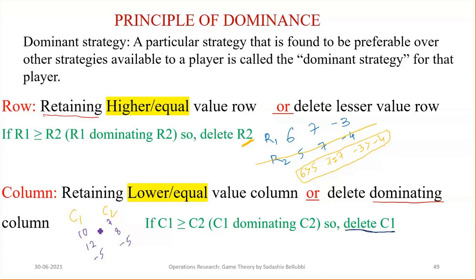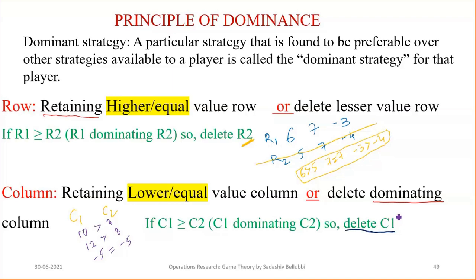Now 10 is greater than 7, 12 is greater than 8, and -5 equals -5. All the values of column C1 are greater than or equal to all the values of C2, so C1 is dominating C2. Then we can delete the C1 column.